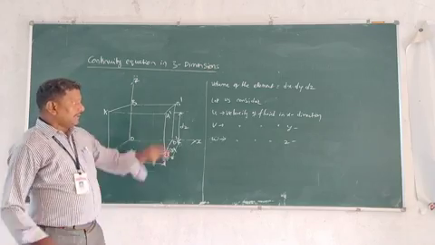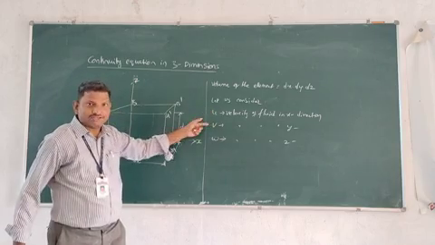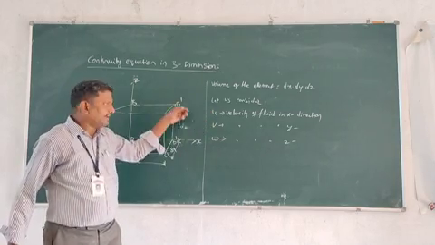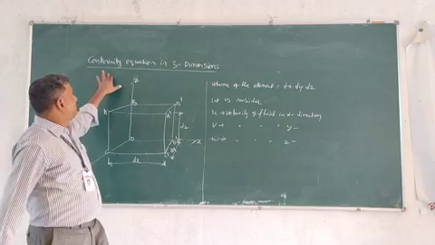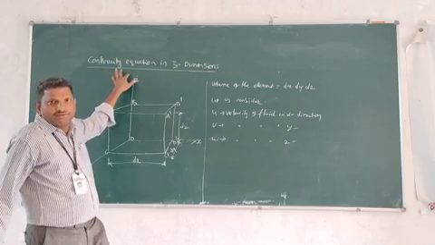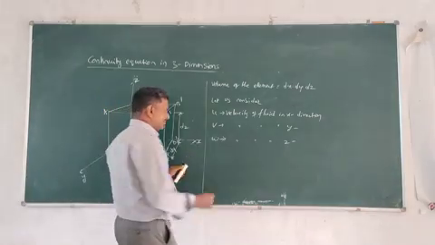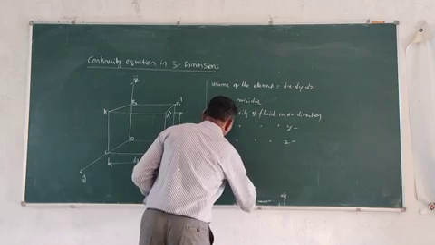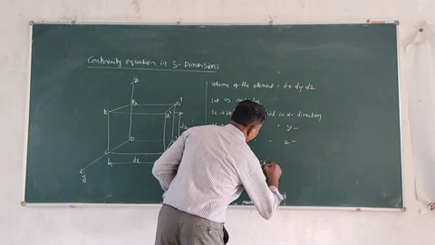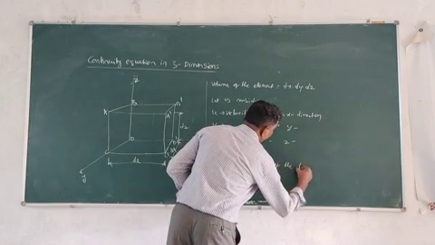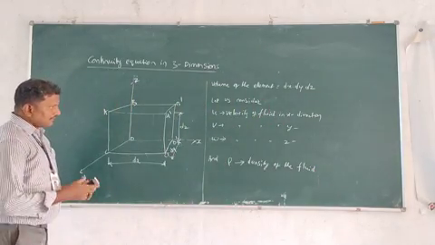These are general phenomena representing the velocities of fluid in x, y, and z directions. Why are we considering this? We are going to derive the continuity equation in three dimensions, and rho is the density of the fluid.